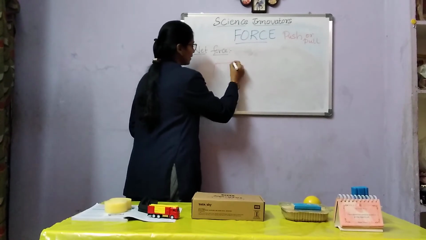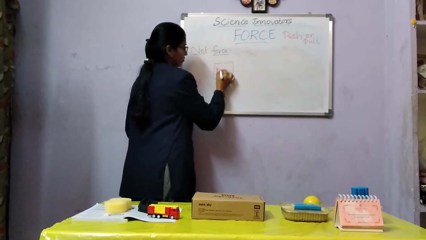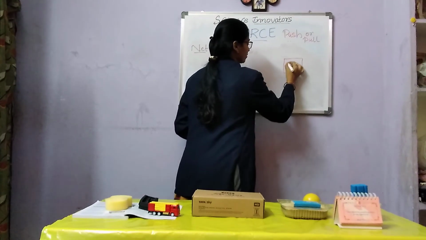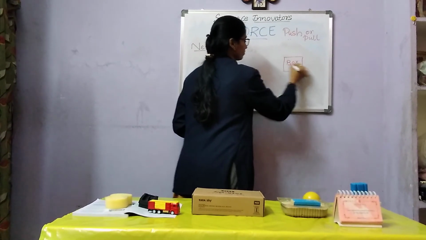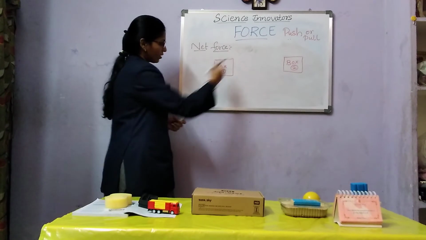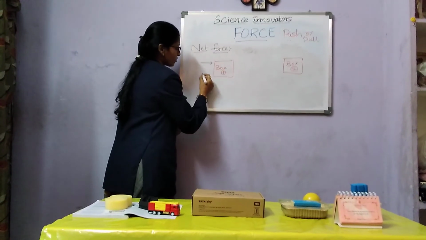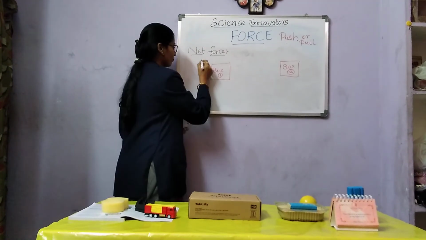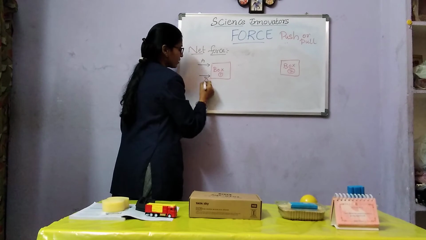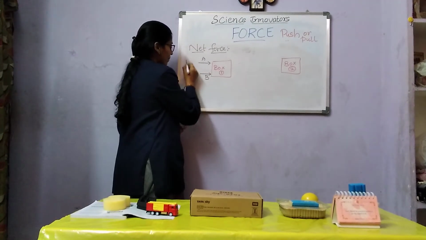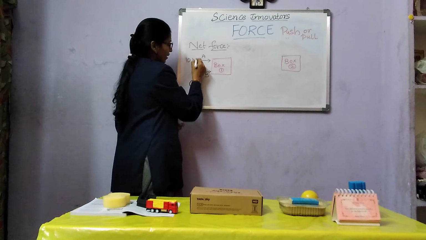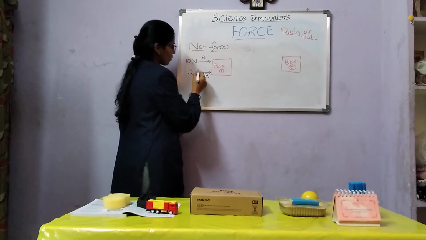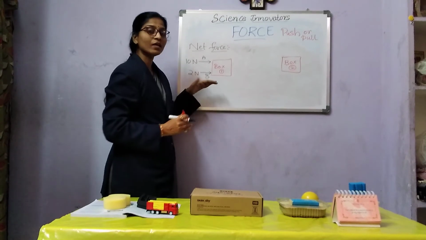See children, here is box 1 and here is box 2. Two persons, A and B, are moving the box from one side to another. A is applying 10 newtons of force and B is applying 2 newtons of force. How can we calculate the net force?